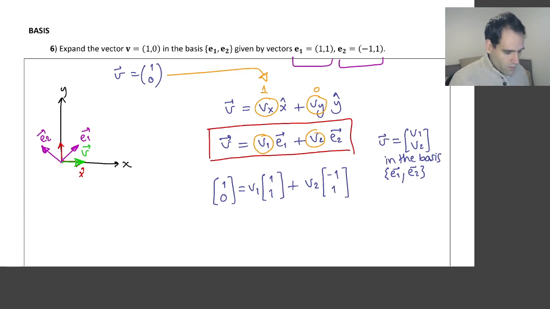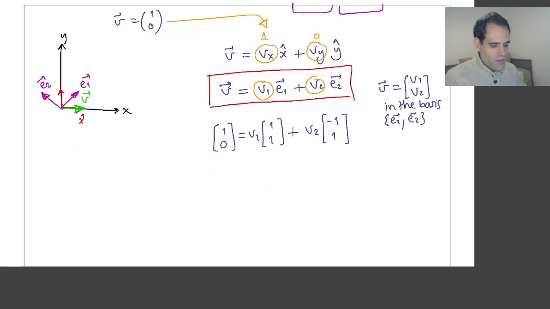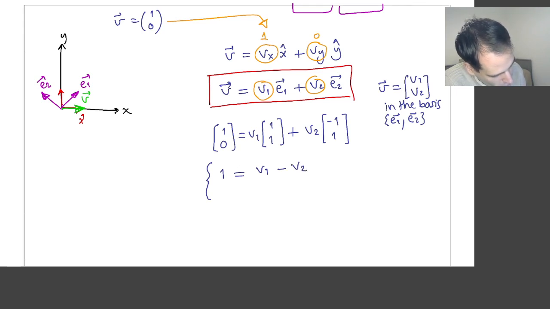So there you have it. Those are two equations with two unknowns. So let's write the two equations explicitly. The two equations are 1 equals 1 times v1 minus 1 times v2, and 0 equals 1 times v1 plus 1 times v2.